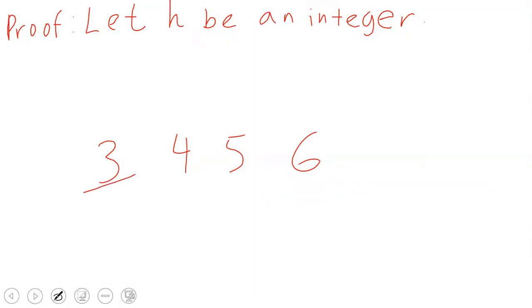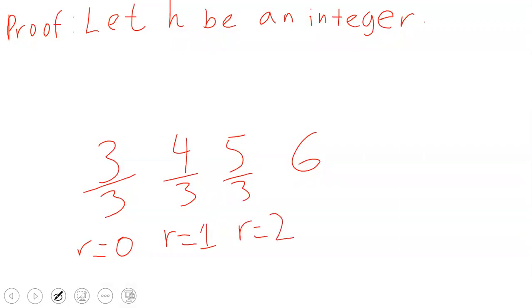When I divide 3 by 3, what's the remainder? The remainder is 0. When I divide 4 by 3, the remainder is 1. And when I divide 5 by 3, the remainder is 2.